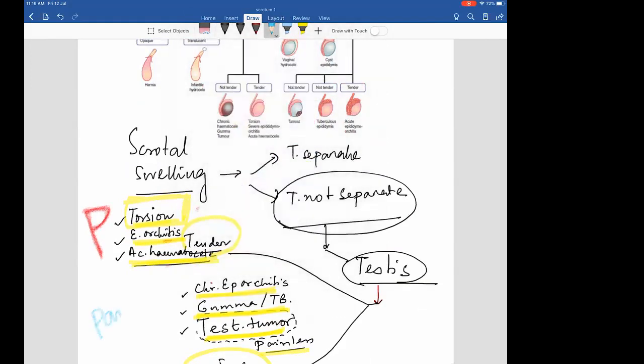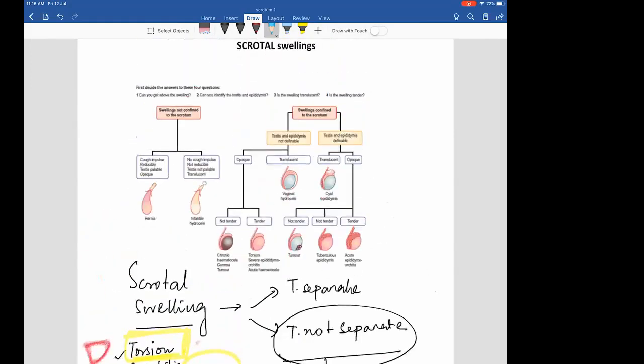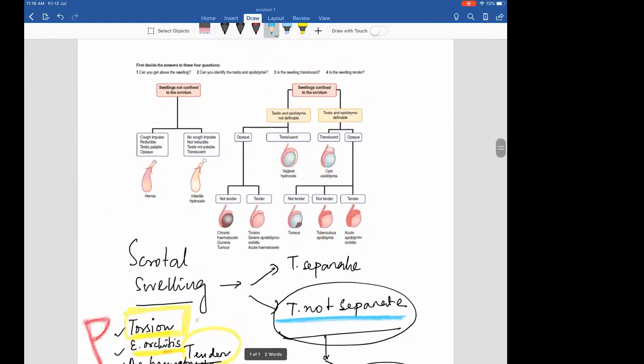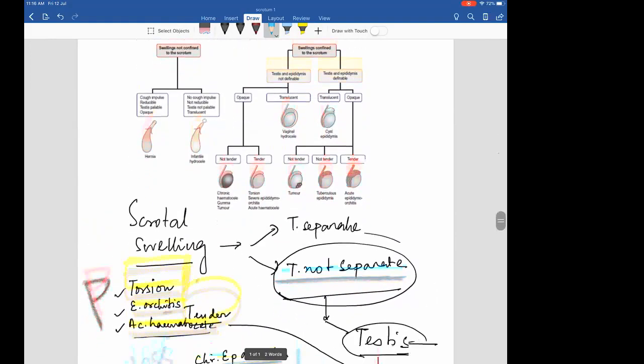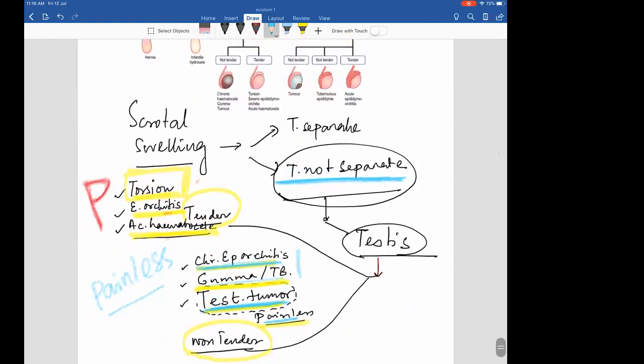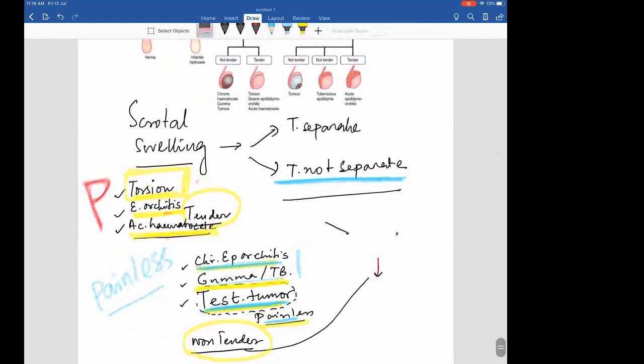If it is painless, then it can be an epididymitis, a gumma, or a testicular tumor. Please remember, this is the most common one, and this is the most dangerous one. So this completes the case where the testes are not separate. Now let us proceed a bit further and ask about the next group of questions.